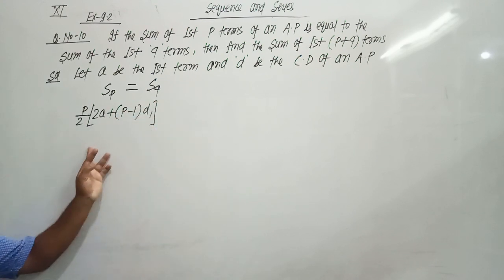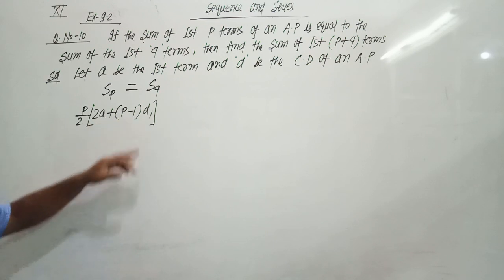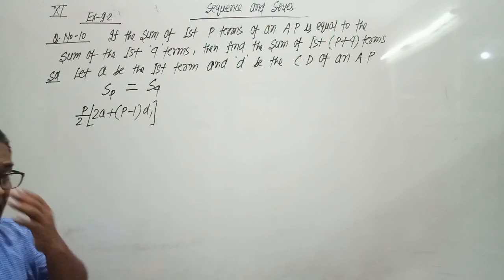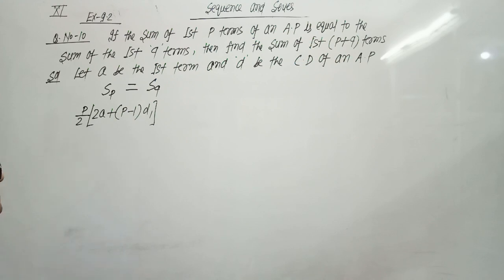We are using the formula n/2 [2a + (n − 1)d], and in place of n there is p.